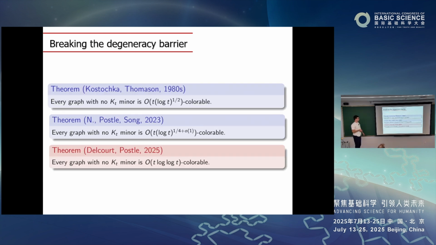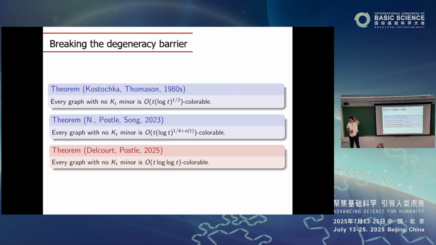But fortunately, it's not. A few years ago, first with Zixia Song and then Luke Postle joined us, we improved the degeneracy bound, reducing the power of the logarithm from 1/2 to 1/4. That led to a flurry of further developments by Luke Postle, mostly with coauthors.